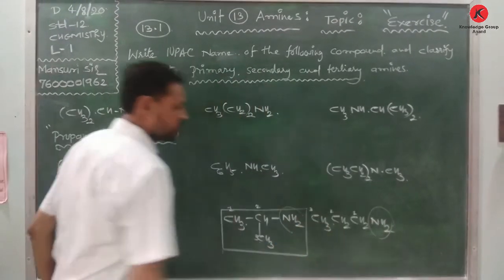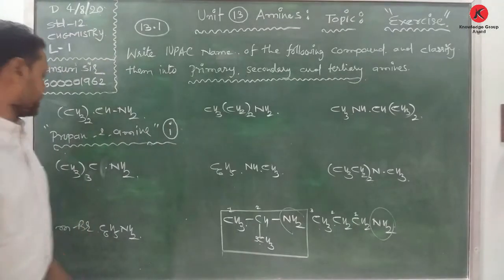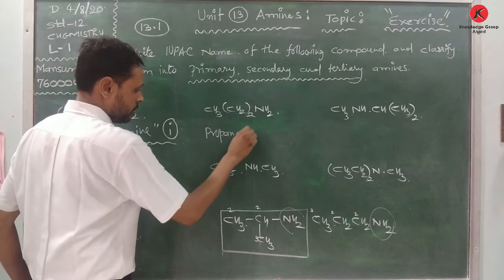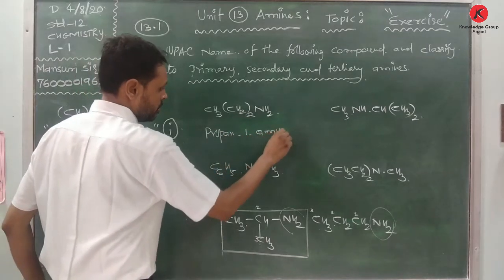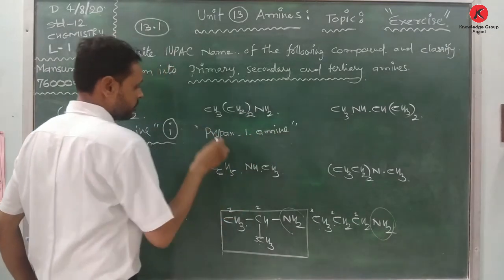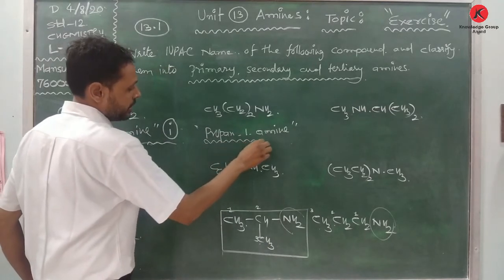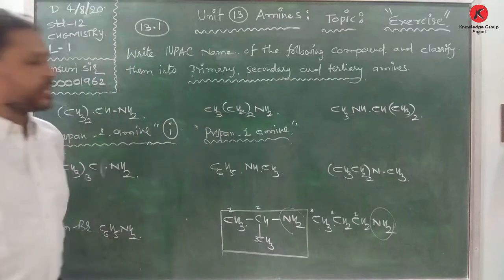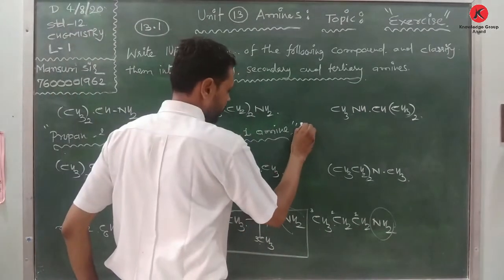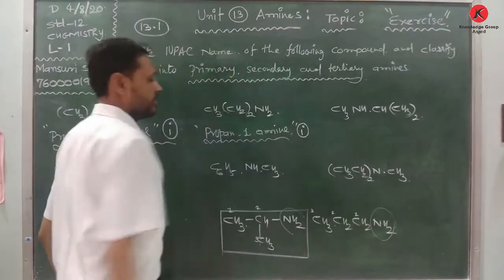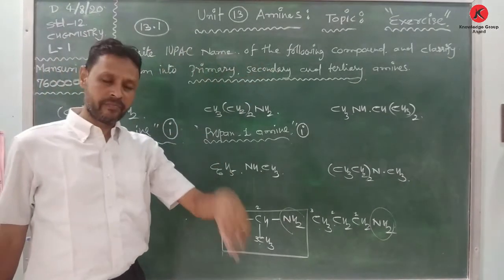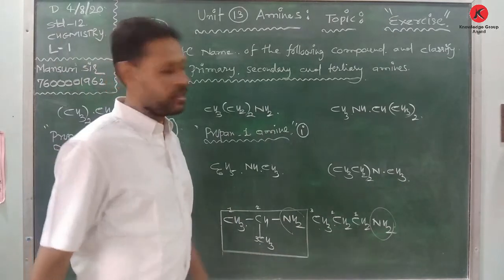So propane-1-amine is given. Here a primary amine is given, a 1 degree amine, because NH2 is there. If NH were there, then you should write secondary amine.